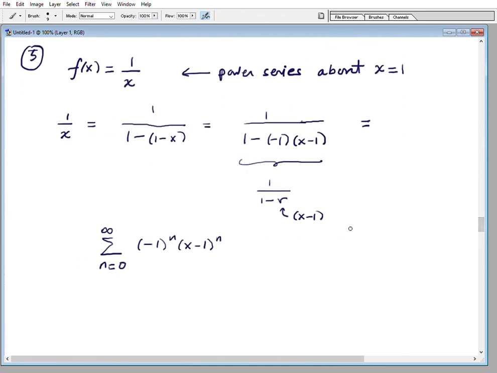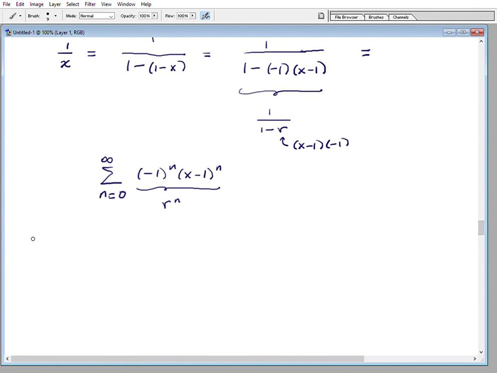In our case, r was actually minus 1 times x minus 1. That was our r, and this is our r to the n. So we're saying that 1 over x is equal to this.